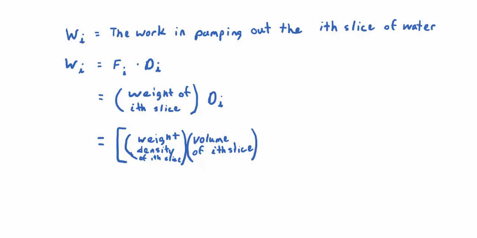Together, you multiply those together, and that product would be the weight of the ice slice. So together, that would be the weight of the ice slice. Does that make sense? Of water.